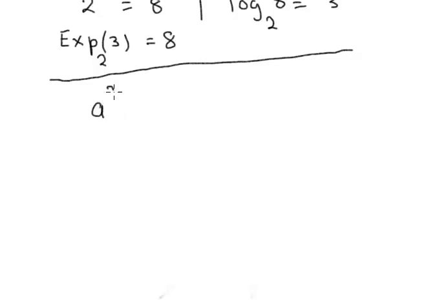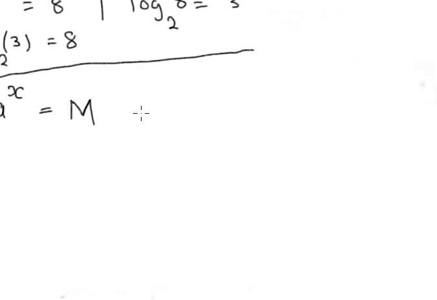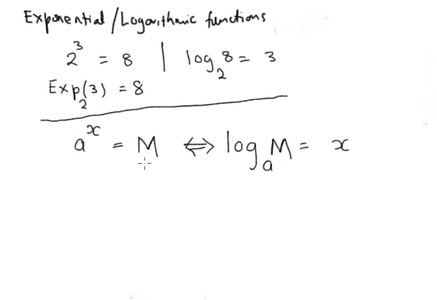So we're saying A to the power of X is equal to a number M. This means exactly the same thing as log base A of M equals X. So guys, when you are solving equations, you might get an equation in exponential language, and if necessary you might need to change it to logarithmic language.